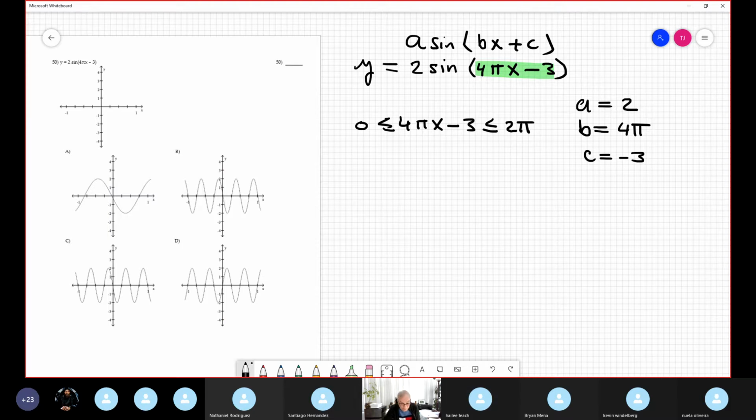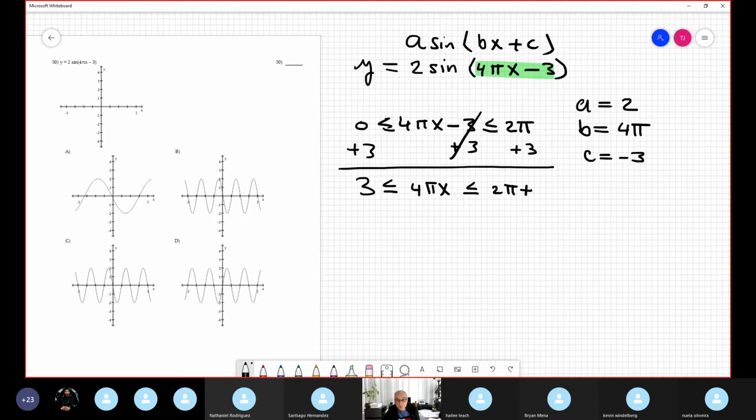And you solve this compound inequality, adding 3: 3 is less than or equal to 4 pi x, which is less than or equal to 2 pi plus 3. And finally divide by 4 pi, because my goal is to isolate x. This is 3 over 4 pi, and x is in between this number and this number.